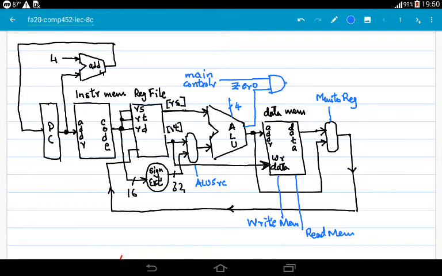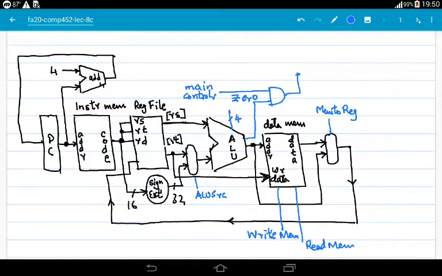So when you combine both of these values, you get a signal which determines whether the branch is taken or not taken. So if the output of this blue AND gate is 1, then it means the instruction is a branch if equal instruction and the branch is taken.